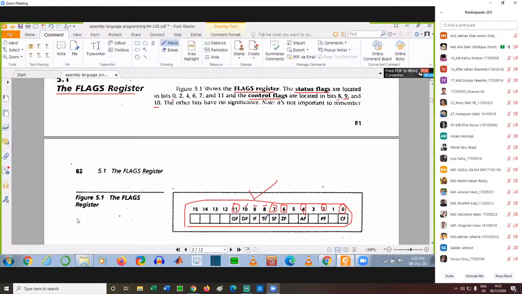The 6 status flags are CF, PF, AF, ZF, SF, and OF.